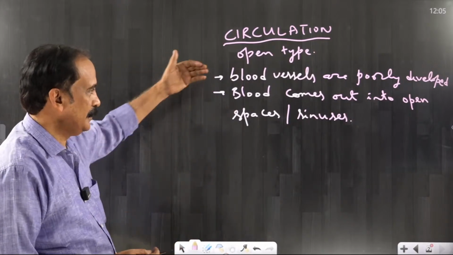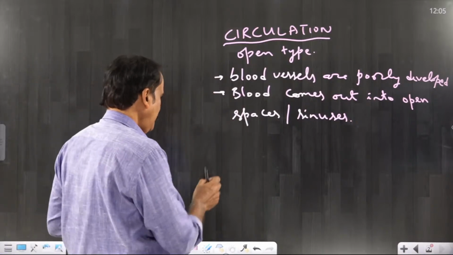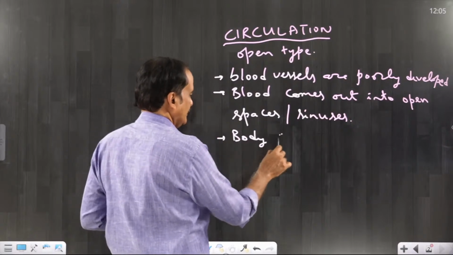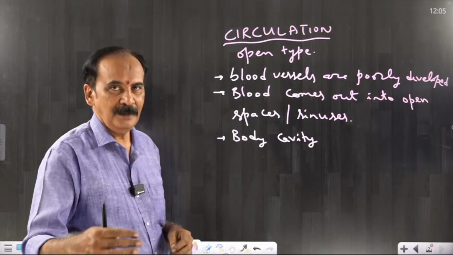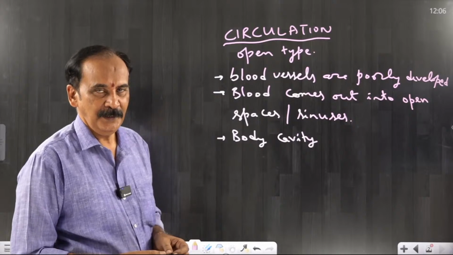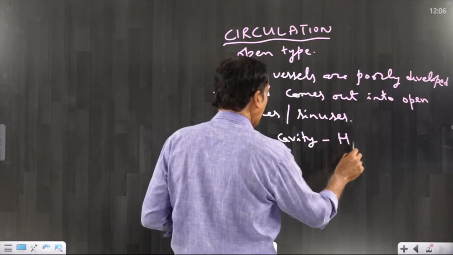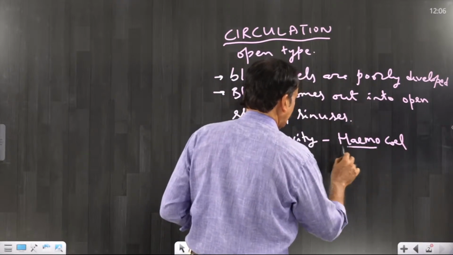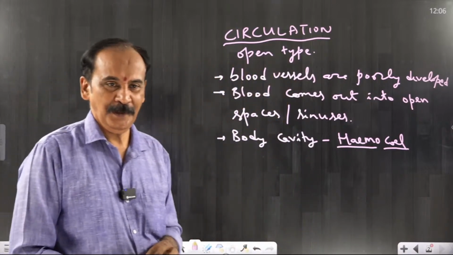Okay. Now, circulation can be divided into three structures. One is the body cavity, right? Then blood, and the third is the pumping organ, heart. Okay. So, body cavity in cockroach is called hemocoel.